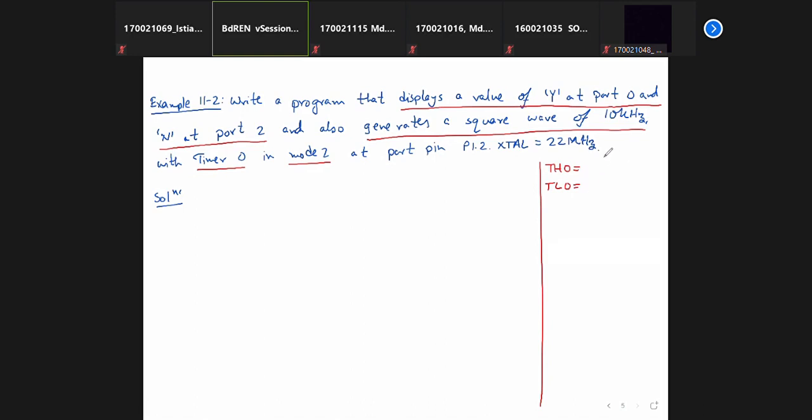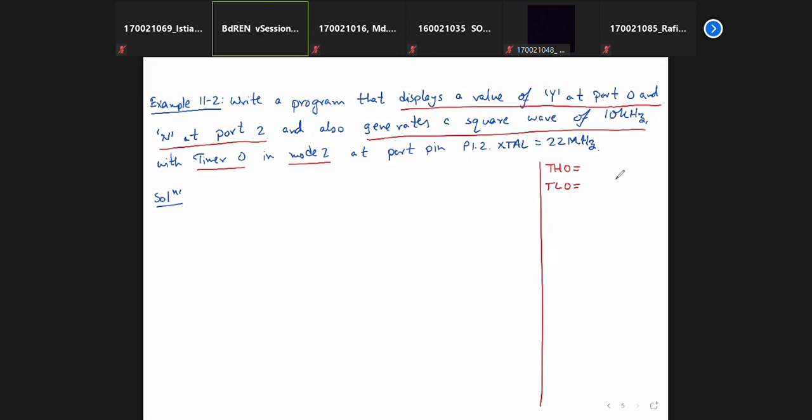I'm repeating again, whatever is our required value, we will load that value in TH0 and TL0 will get a copy of that exact same value. Then when you start the timer, your TL0 will take part in that timer. Okay, it will keep on going. Whenever it rolls over from FF to 0, again it will get the value of TH0 and again it will start the timer. So that's why it is known as auto reload.